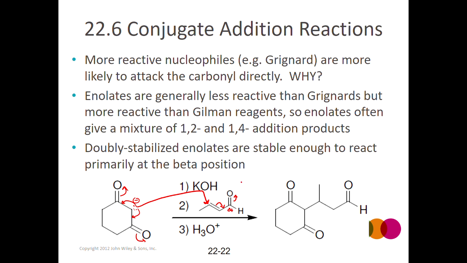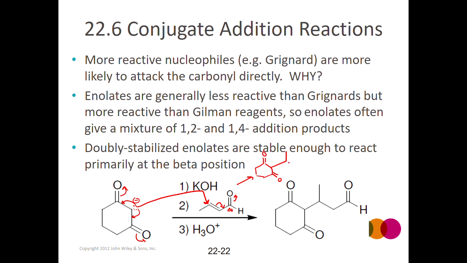So let's just draw that real quick up here where I can draw it small enough. So this molecule then would have attacked this beta carbon, and there's still a methyl on that carbon.